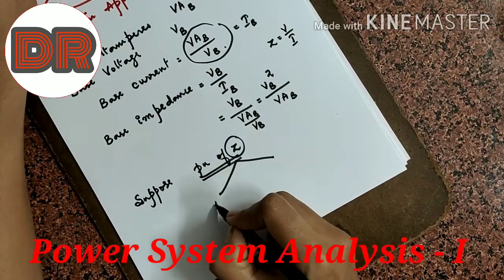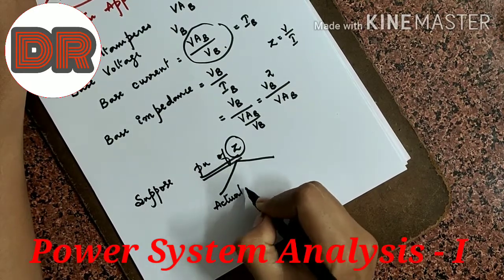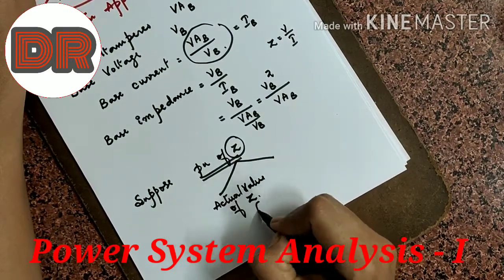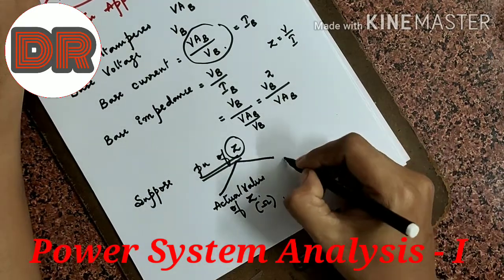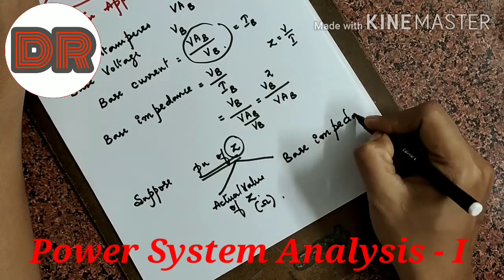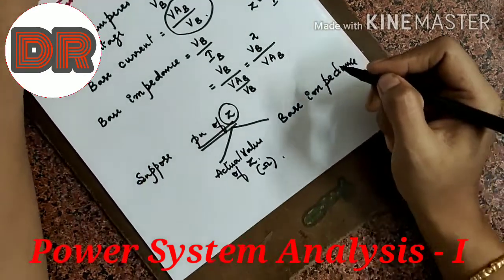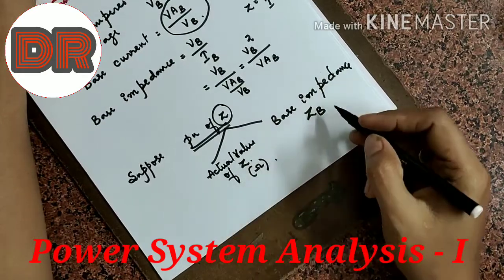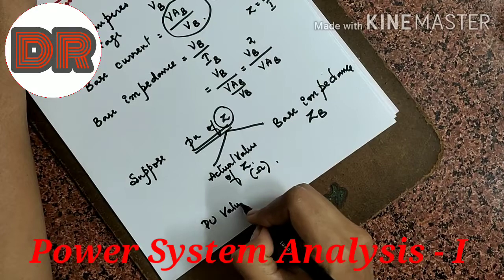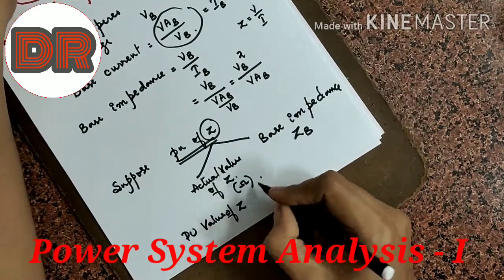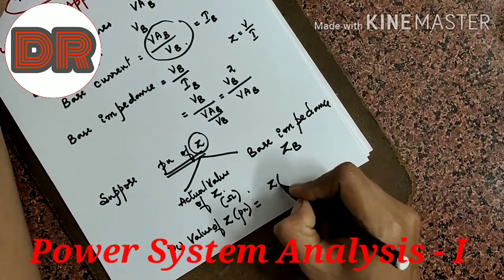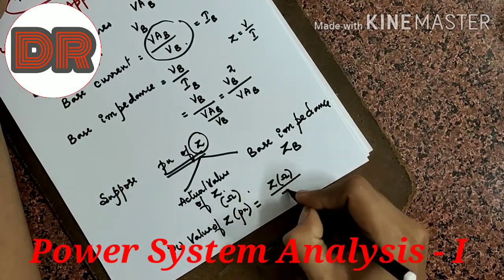We need the actual value of Z, given in ohm, and also we need the base impedance, that is ZB. Once you know these two quantities, the per unit value of impedance, Z per unit, can be calculated as Z actual, that is Z in ohm, divided by Z base.